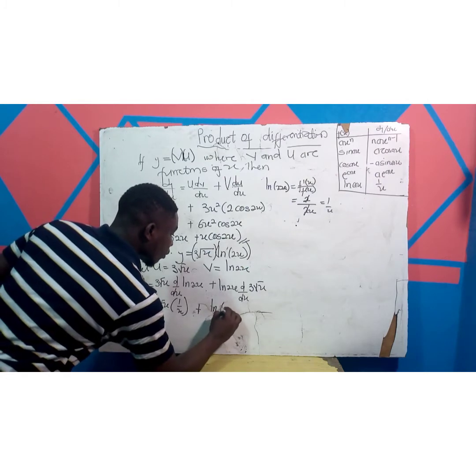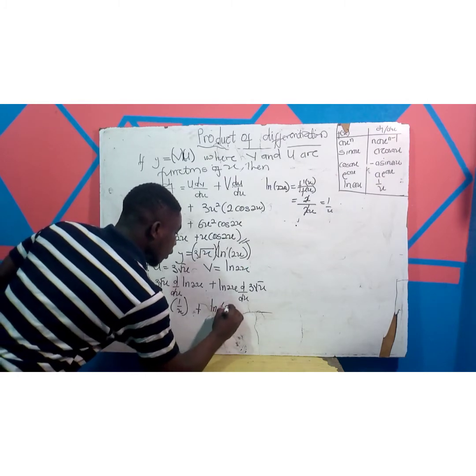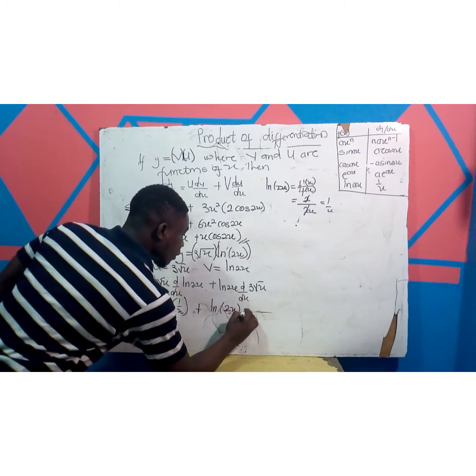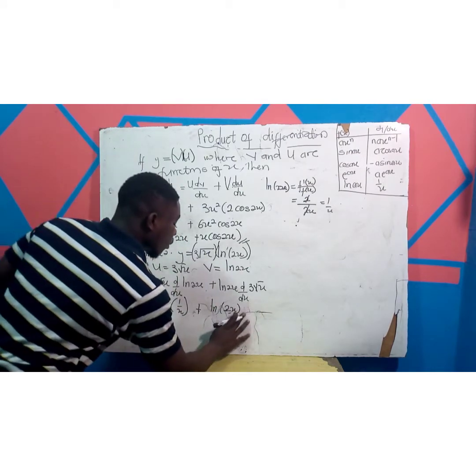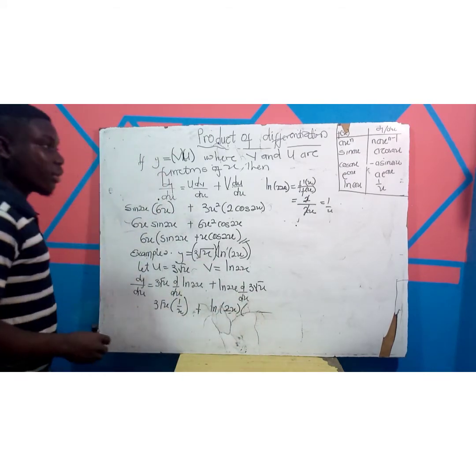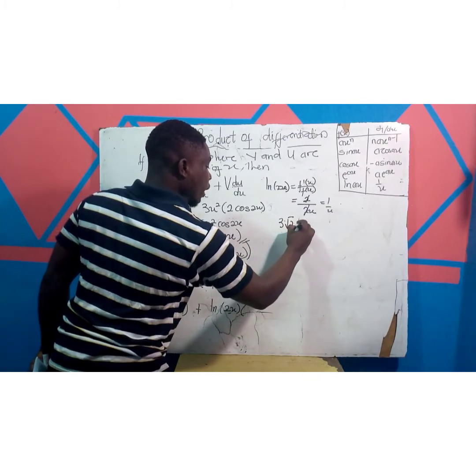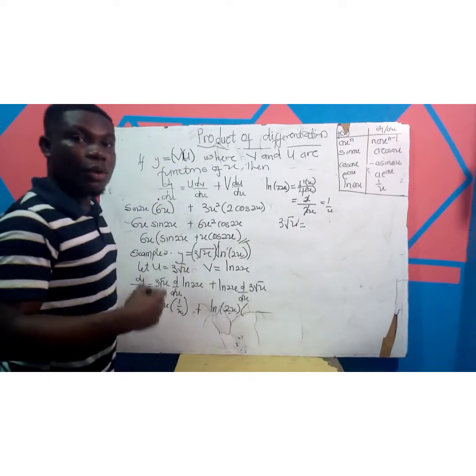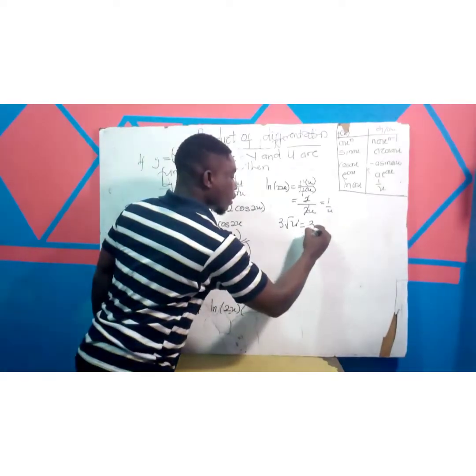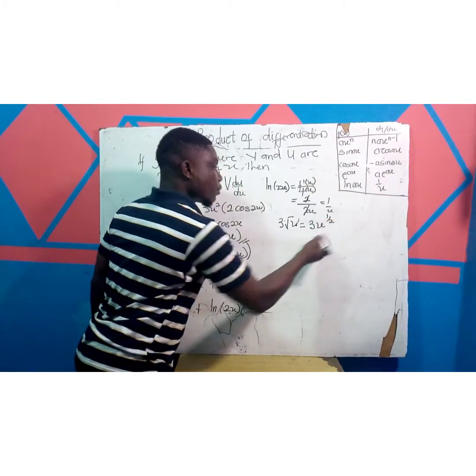Plus ln 2x. Now for this one, 3 root x can also be written as 3x exponent half.